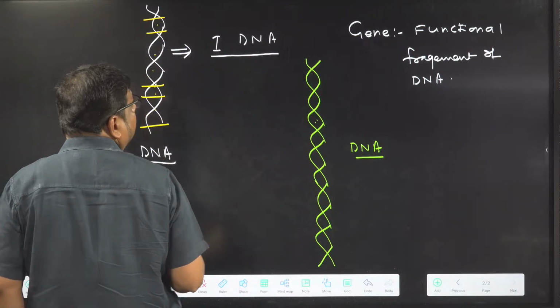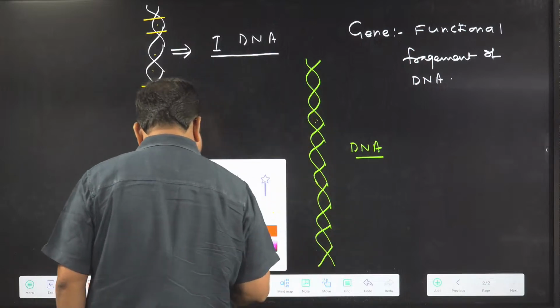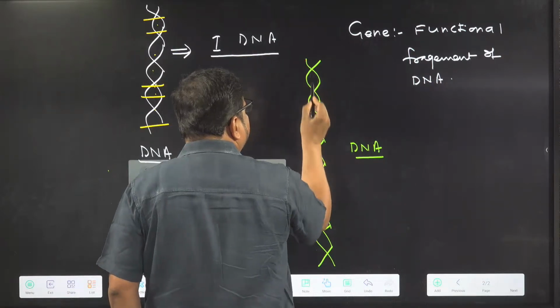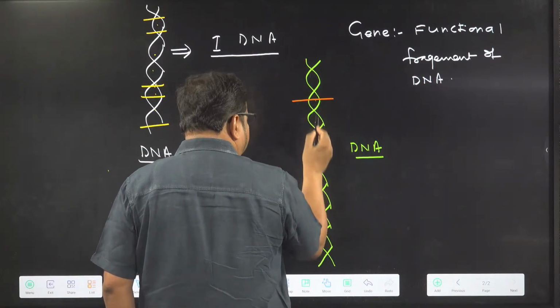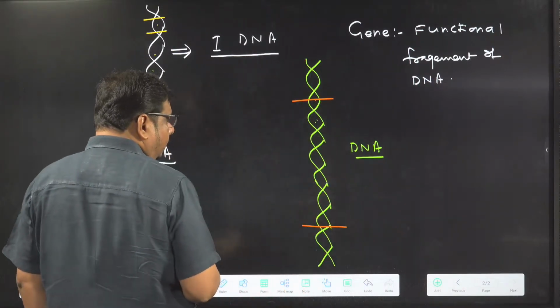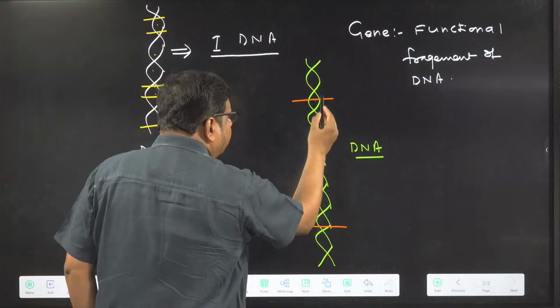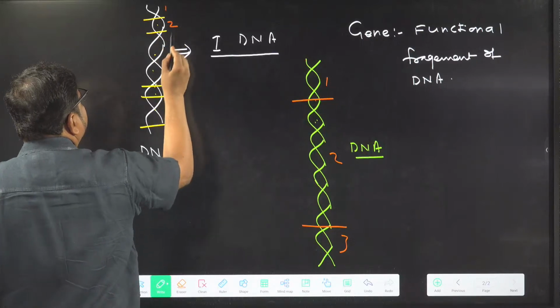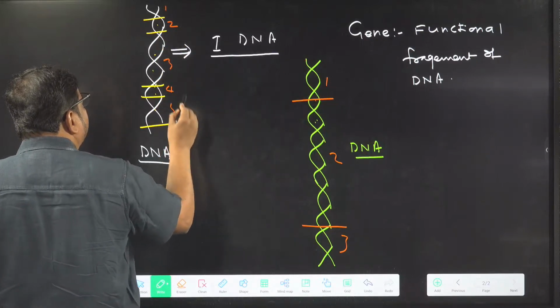Getting the idea or not? I am just trying to make you understand as a layman. Suppose from here to here is 1 gene, here to here 2, and here to here 3. 1, 2, 3. Here it is 1, 2, 3, 4, 5.